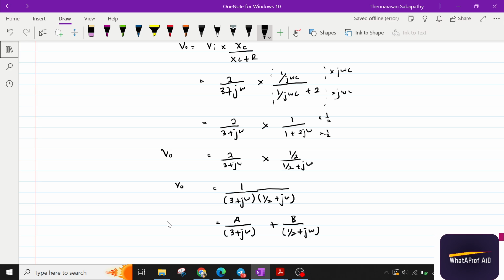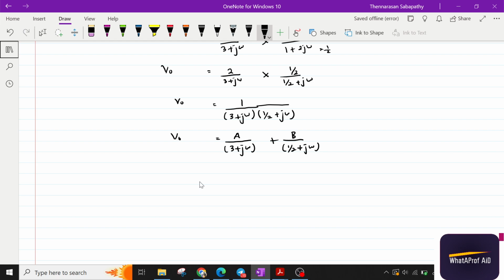So a would be equal to the whole thing over the j omega term, multiplied with the 3 plus j omega, where j omega would be -3.